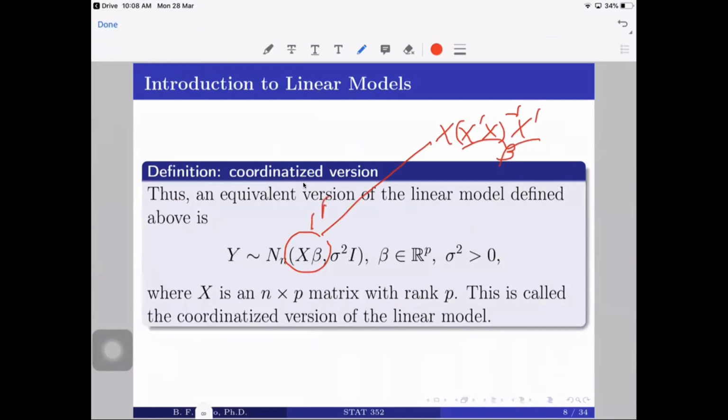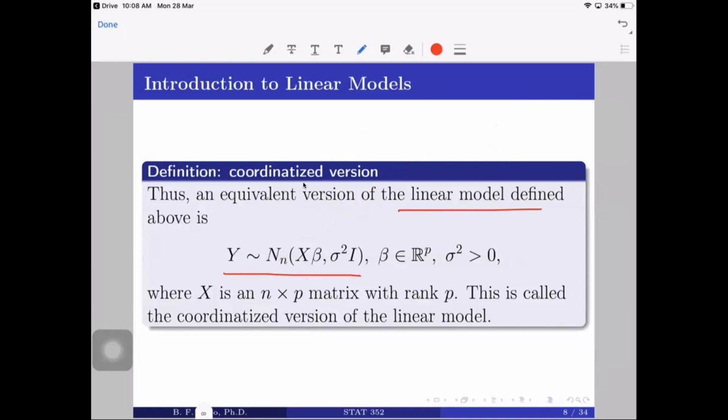So actually, this is just the projection of Y onto the space V. Later you will see that the projection of Y onto V is actually your mu. So this is coordinate free, but in the coordinatized version, you have this. So an equivalent version of the linear model will have Y normally distributed with mean vector X beta and covariance matrix sigma squared I.